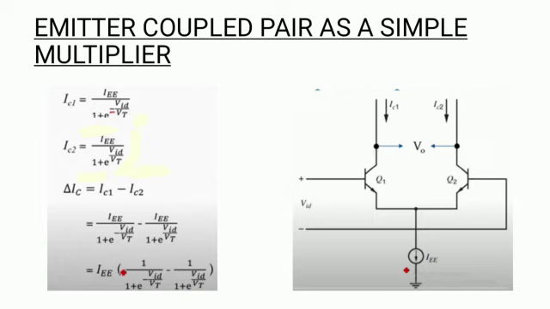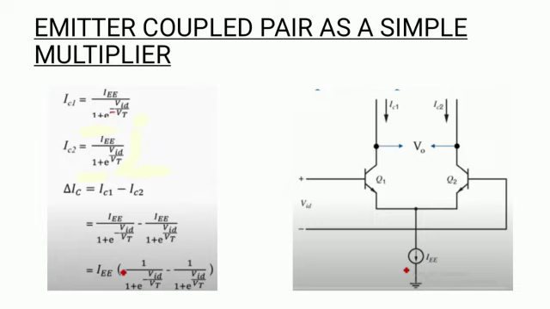For an emitter coupled pair, the current IEE and the collector currents are related as IC1 equals IEE by 1 plus e raised to minus VID by VT, and IC2 equals IEE by 1 plus e raised to VID by VT.